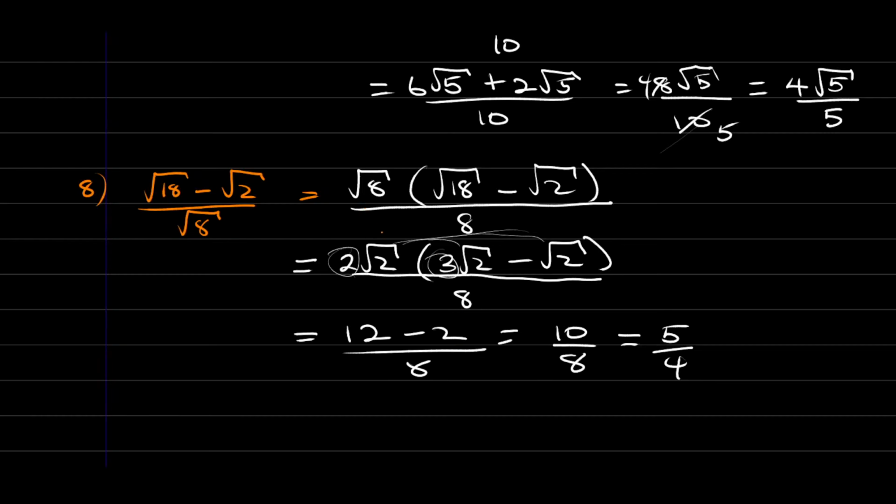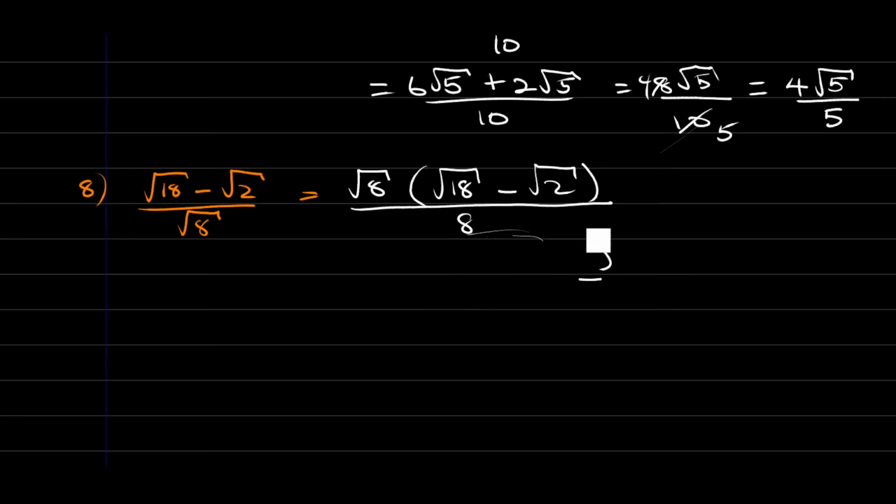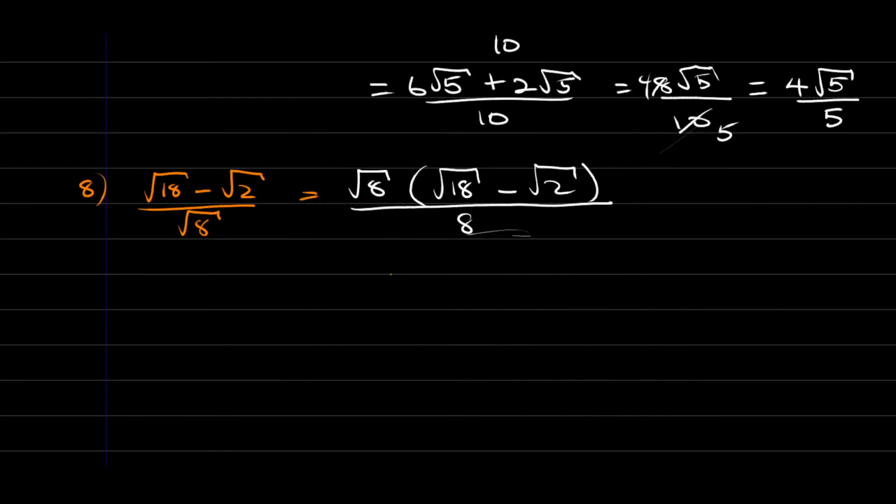So root of 8, root of 8. This is 2, 4. How did I get 1? I would have to get 16 on the top. Let me just double check this. I'll do it over, just because I'm not sure I made my mistake. Let me make sure that the calculator actually has the correct equation. I was checking 18 minus root of 2 over root of 8, and I'm getting 1. Okay, let's check that again. So, let's see. Root of 8 is going to be 4.